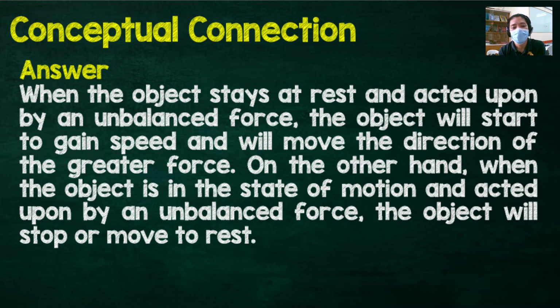On the other hand, when the object is in the state of motion and acted upon by an unbalanced force, then the object will stop or come to rest. The balanced forces cancel out each other, making a zero net force. But when the zero net force is acted upon by an unbalanced force, that means there is another force pointing in some direction on the object, which makes the object change its behavior.